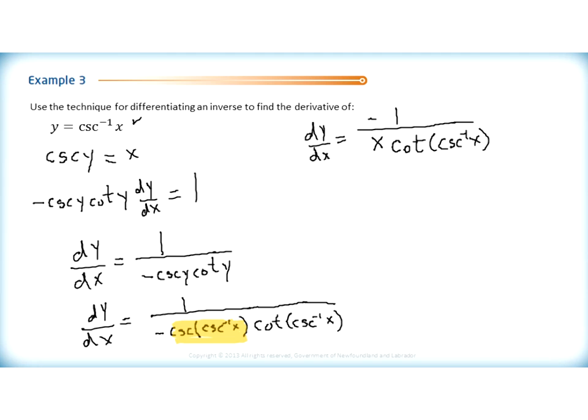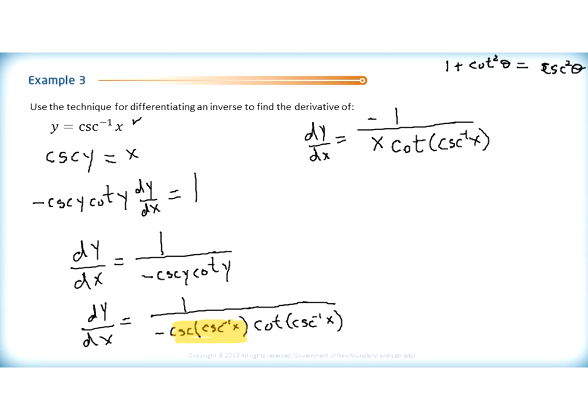So let's remember we also have a Pythagorean identity for that one. It says 1 plus cotan squared of any angle theta is equal to cosecant squared of theta.